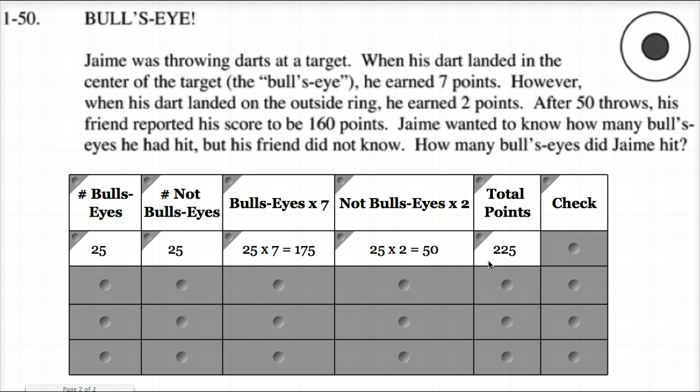Jamie had 160 points total, so when I check it, I'm too high. I needed 160 and I'm at 225. So I'm way too high.